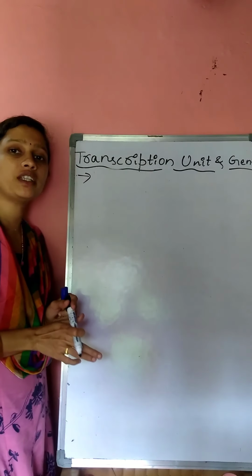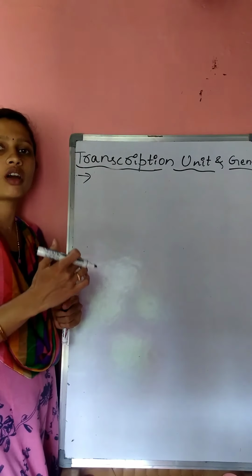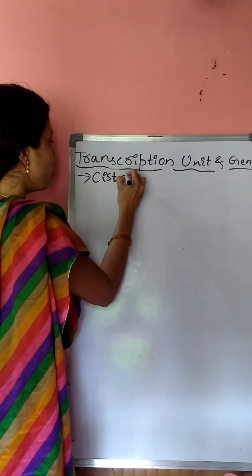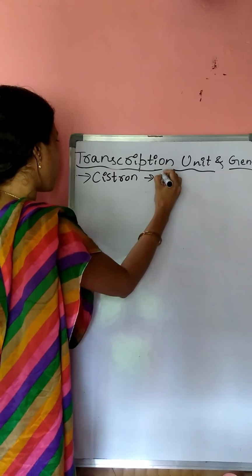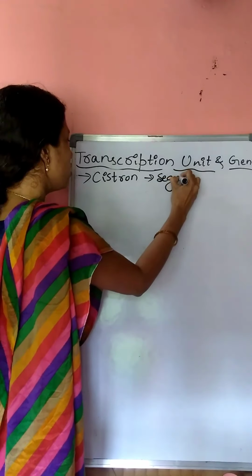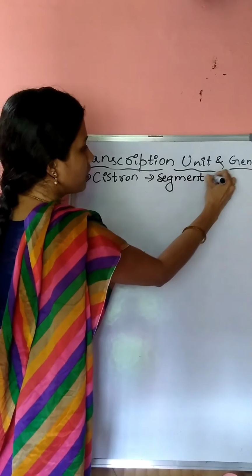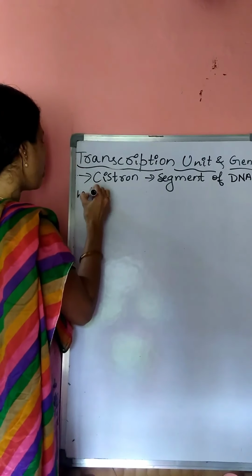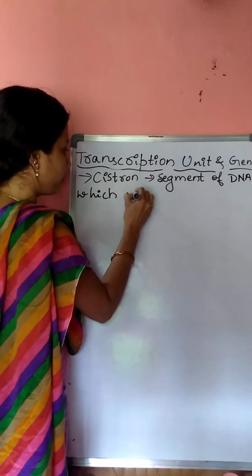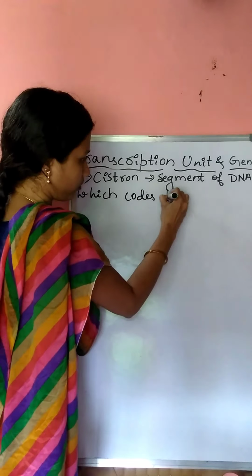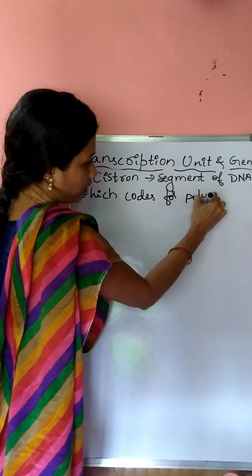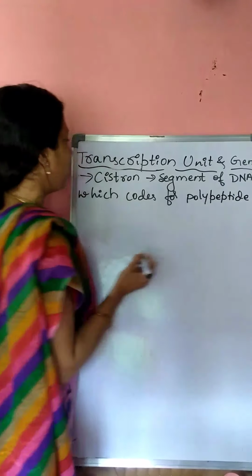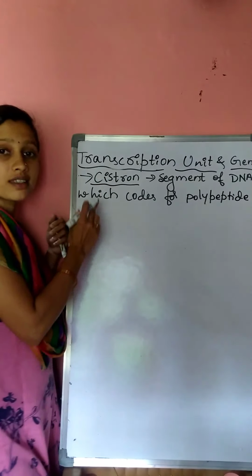The segment of DNA which codes for a polypeptide is called a cistron.